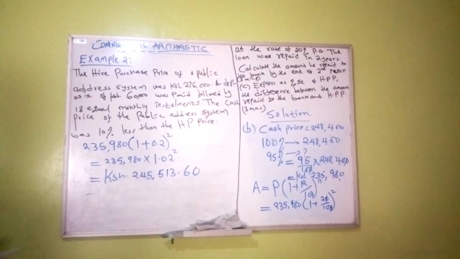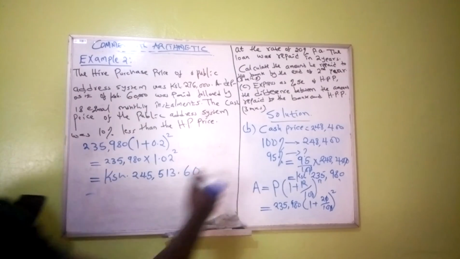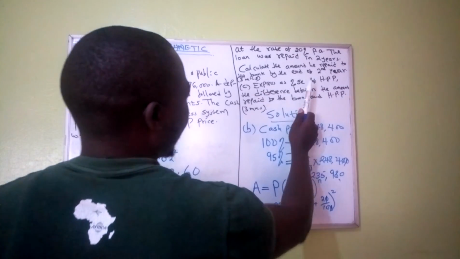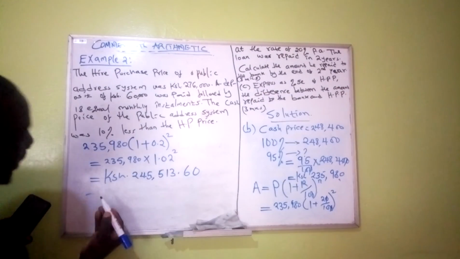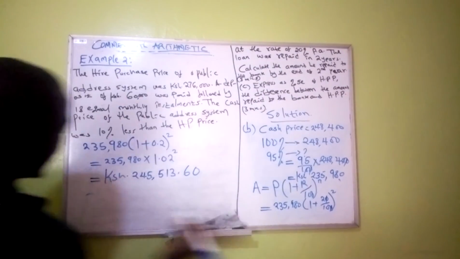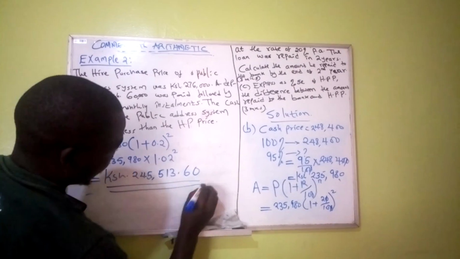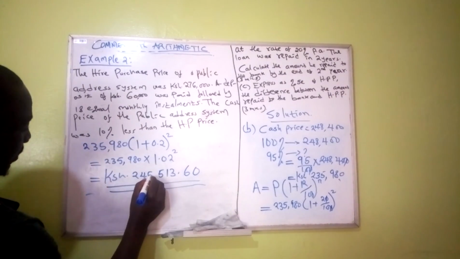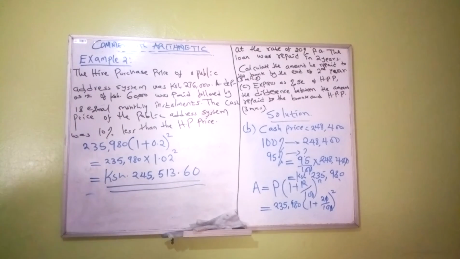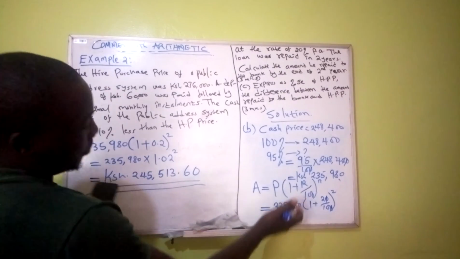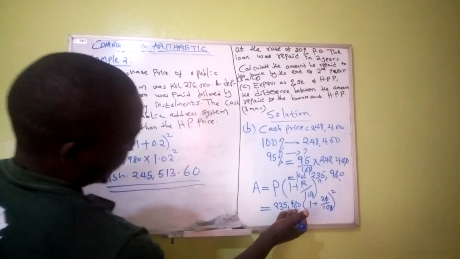You can round to two decimal places. This is now the amount he repaid the bank by the end of the second year. After getting 235,980, our customer here paid 245,513 as the whole amount after getting this loan from the bank.